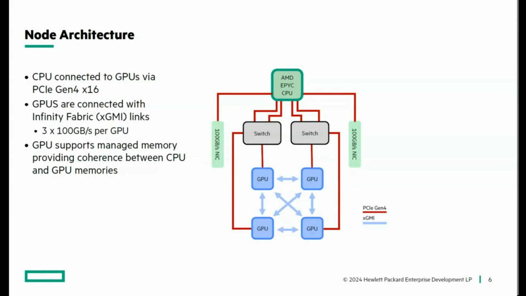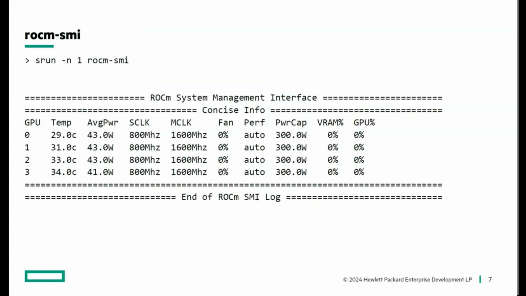We have done tests of CPU to GPU bandwidth and GPU to GPU bandwidth, so we know those links are there. You can tell that from various commands. So that's the basic node architecture that we're targeting. And as Andy said, there's this nice command, ROCm SMI, which you can run once you've got a GPU allocation, and it tells you a little bit about the GPUs that are accessible to you. If you've allocated 4 of them on a node, you'll see output like this.